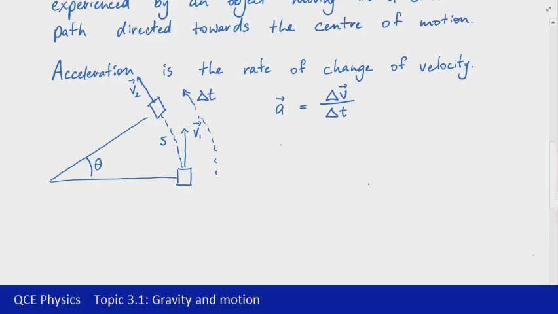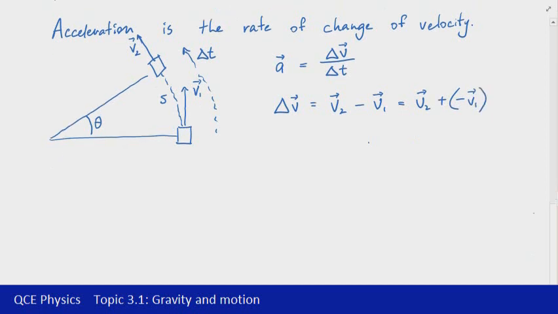If we look at the change in velocity, delta v, that's going to be the change v2 minus v1. Now, considering that these are vectors in two dimensions, it's going to be easier to consider that as a sum of two vectors, so v2 plus negative v1. So just taking that negative in with the term itself to make it a little bit easier to work with.